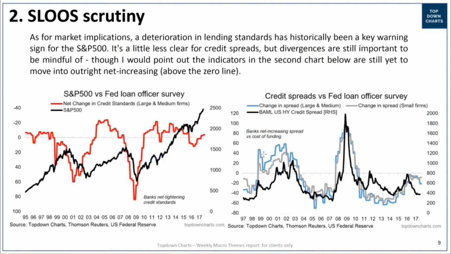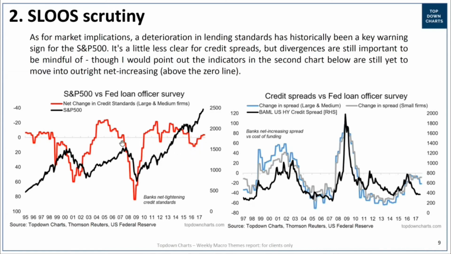And on the topic of warning signs, the last one that we'll look at here, the one on the left, I talk about as a bit of a bear market warning indicator. That's the net change in credit standards for large and medium firms, commercial and industrial. The line there shows whether it's net tightening or net easing. When it goes below the line, it's net tightening.